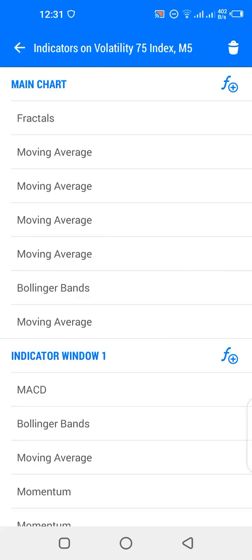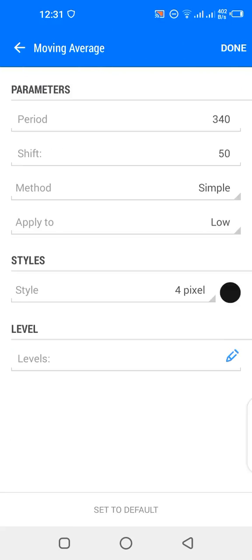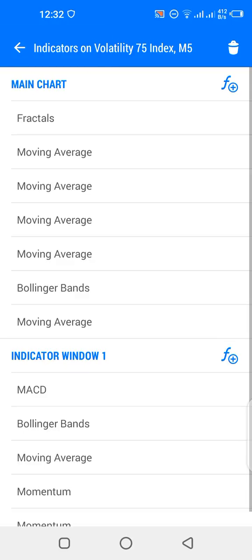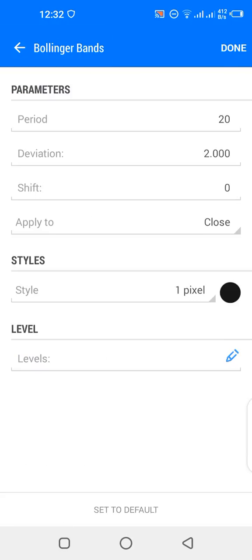Then I have another 340 period moving average. Shift is 50. Method is simple. Apply to low. The initial one is applied to high, but this particular one is applied to low and the color is black. Then the next indicator is Bollinger Bands.